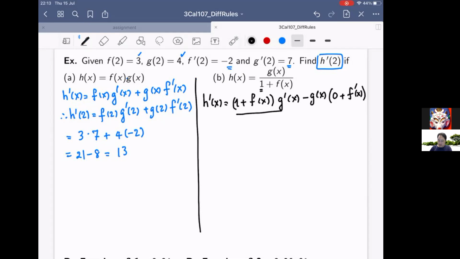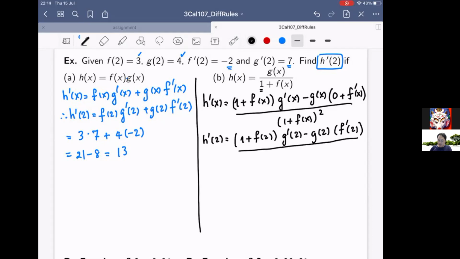And then don't forget over your bottom, the whole thing squared. So it means that your h prime at 2 is 1, and f at 2, g prime at 2, g at 2, and f prime at 2 over 1 plus f prime at 2, the whole thing squared.